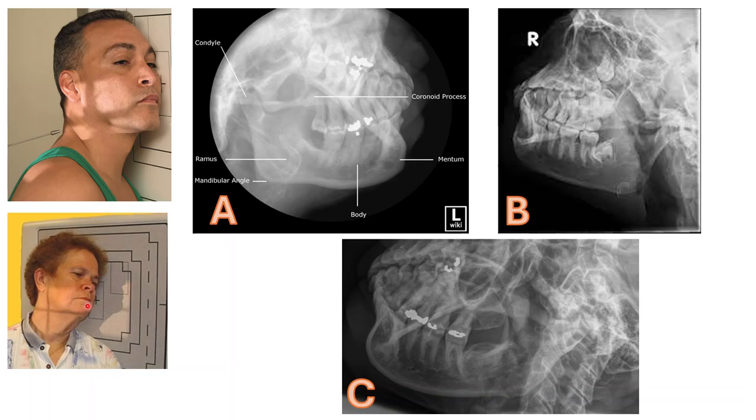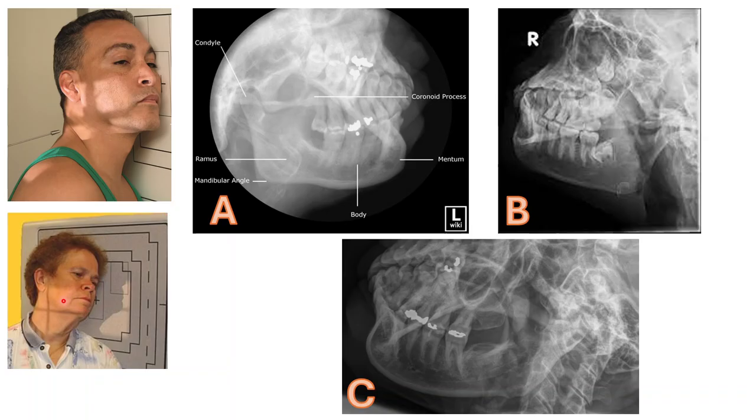I would say you really don't want to do this any more than 10 to 15 degrees away from the IR, or you will end up with foreshortening of the mandible itself.